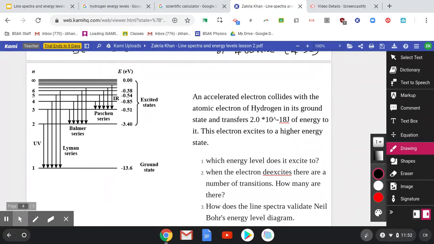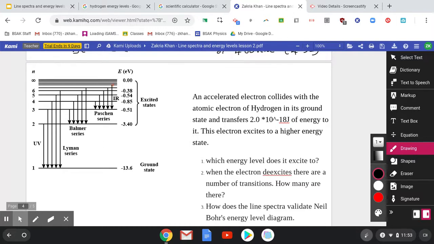If we look at beyond the blue, we will have a higher frequency, so higher energy jumps. And when an electron de-excites from 2 to 1, 3 to 1, 4 to 1, 5 to 1, 6 to 1, it'll give off photons of frequency in the UV range.